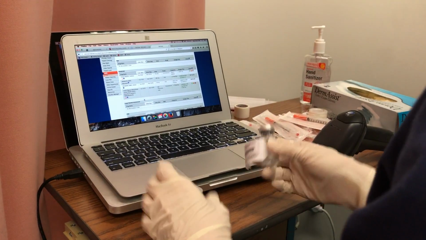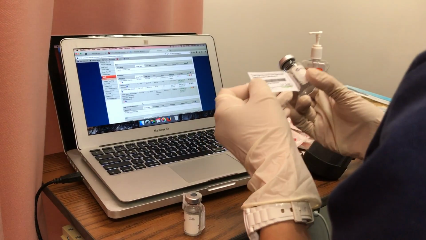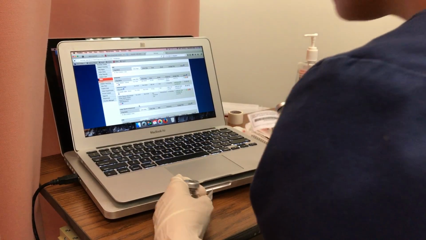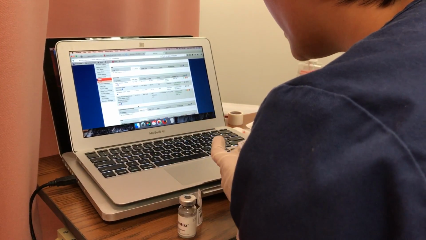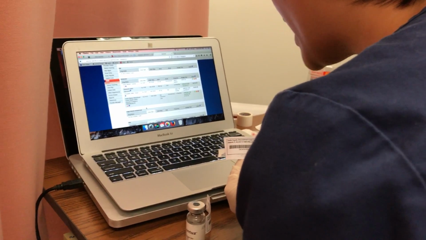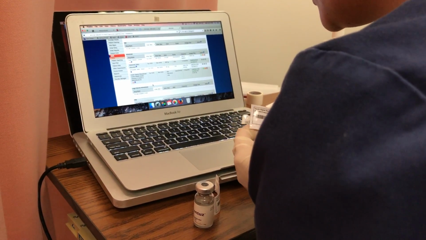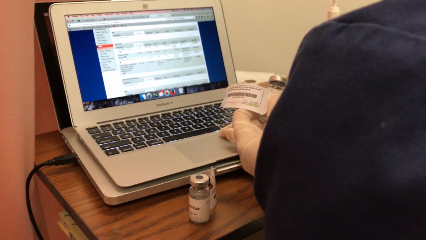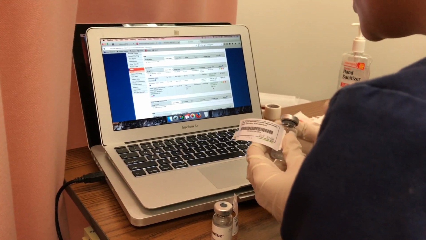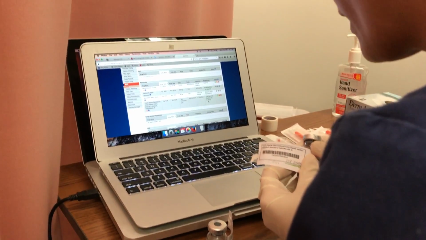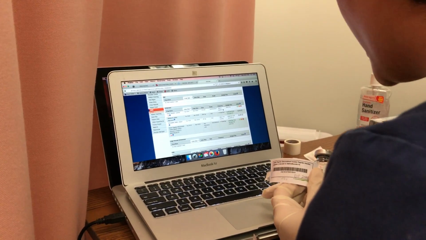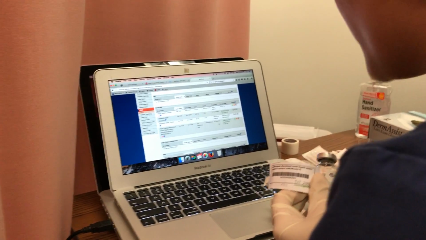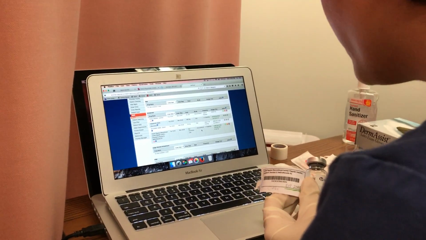We have Lantus that we're going to be giving, and we have Humulin, and we're going to give those at 2200 and 2100. This one is before bedtime, and this one is given 4 times a day, so we can give both of those.